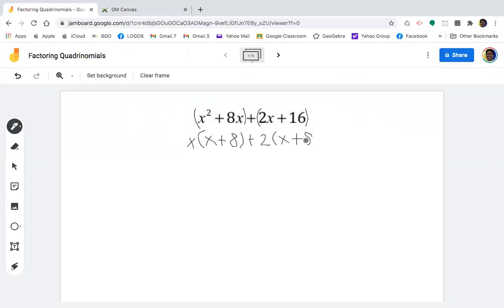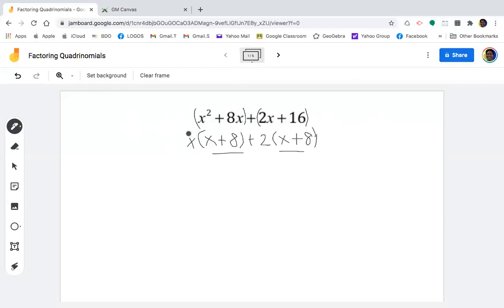All right, at this point, you'll notice that the resulting binomials, this and this, are the same. So just like what we did earlier, we can factor this out, all right?